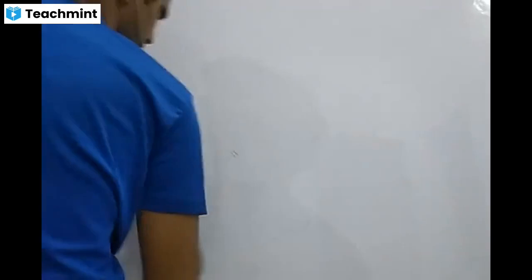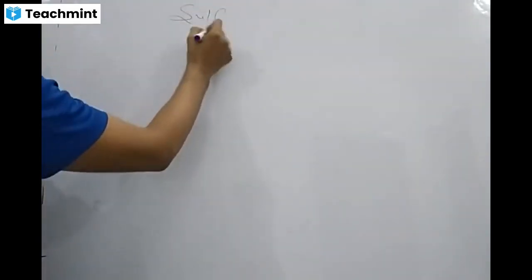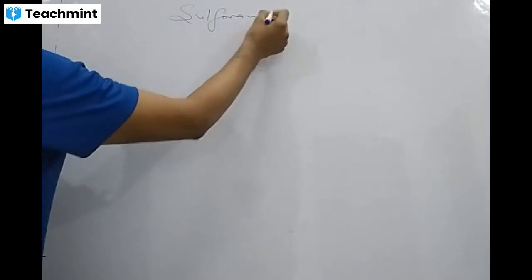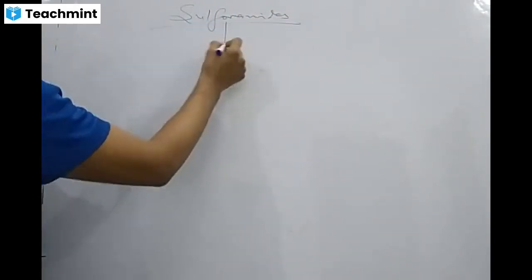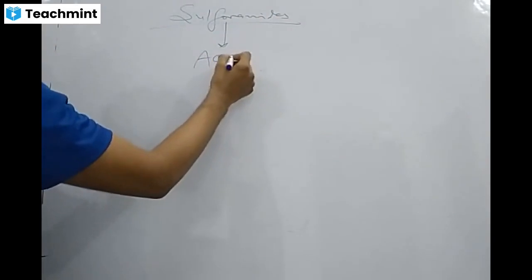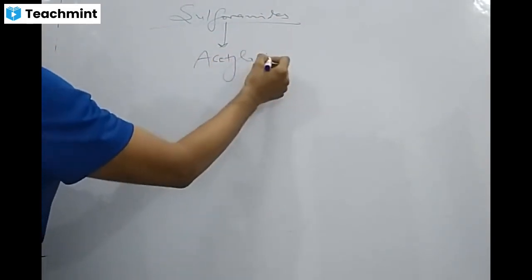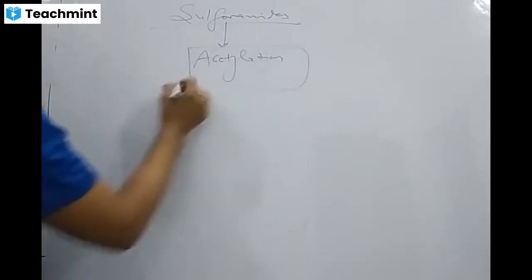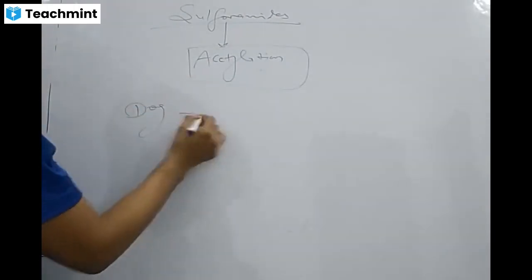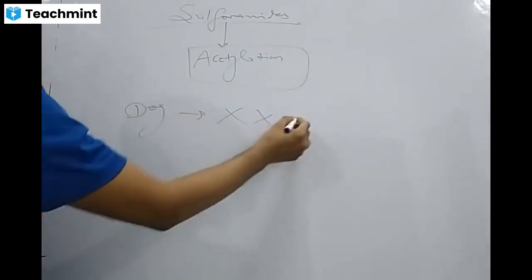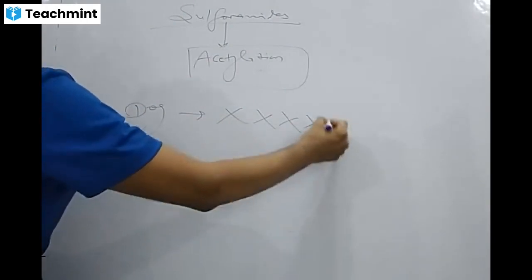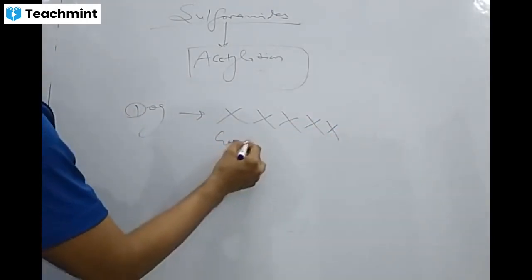So this acetylation is absent in dog. If you remember sulfonamides, they are mostly metabolized by the process of acetylation. So in case of dog, if you do not have acetylation, is it good or bad?